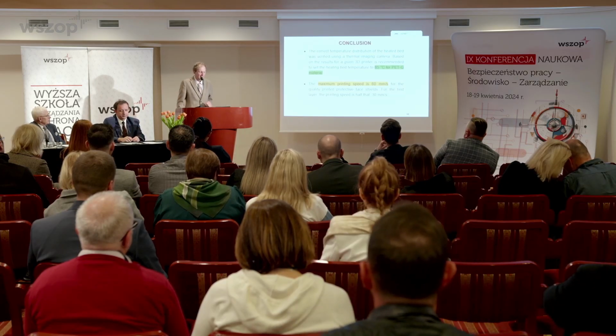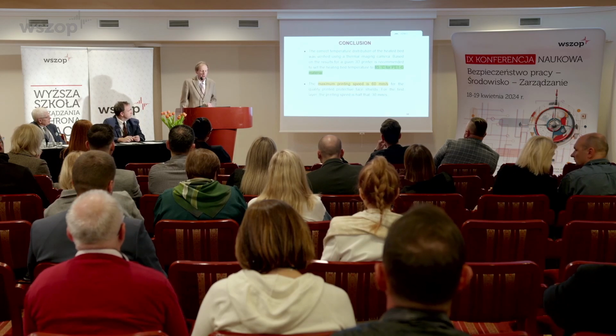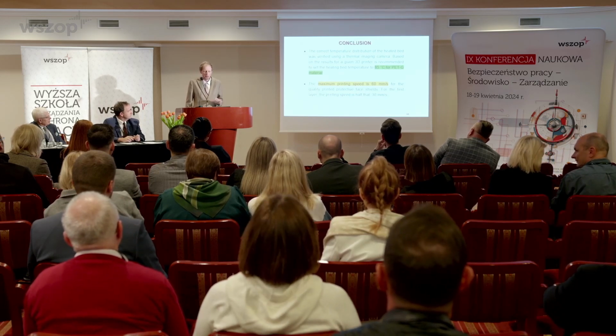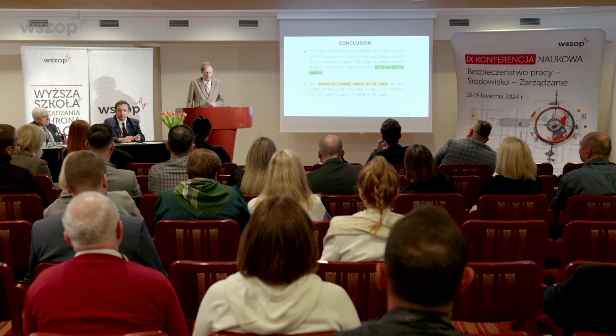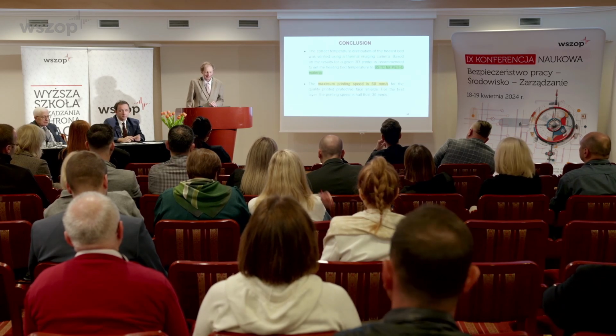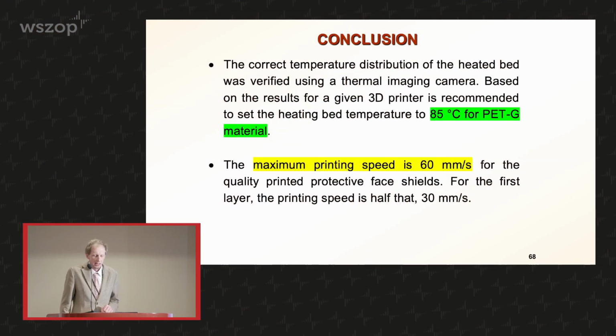Okay. As conclusion, the correct temperature distribution of the heated bed was verified using the thermal image camera, and based on the results, the set temperature of the heating bed must be 85 degrees Celsius for the specific PETG material, and the maximum printing speed is 60 millimeters per second.